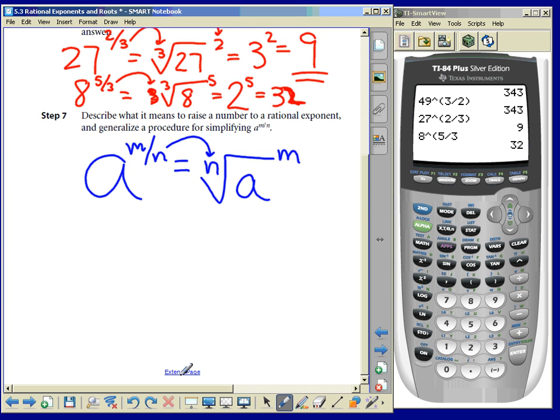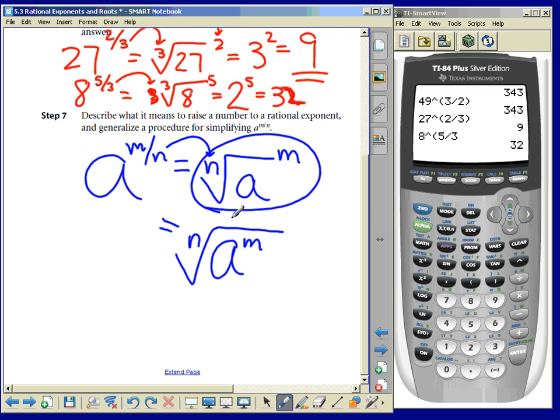The nth root of a to the m. By the way, just so you know, the order doesn't matter here. You could take a to the mth power, then take the nth root. These are equivalent. It's typically easier to do it this way, though, to take that number and break it down, and then expand it to a larger exponent.